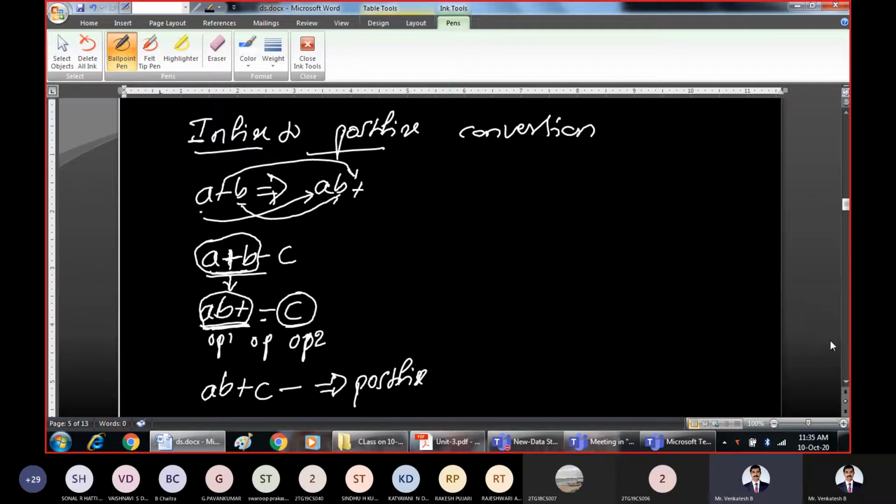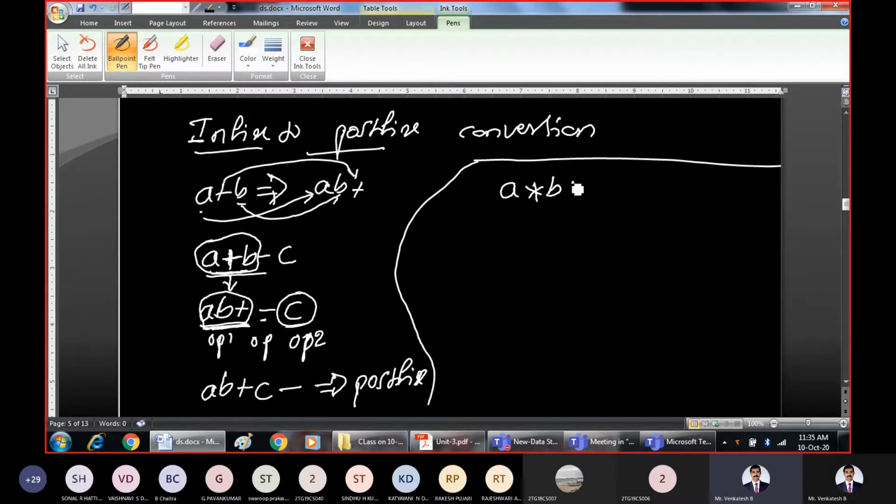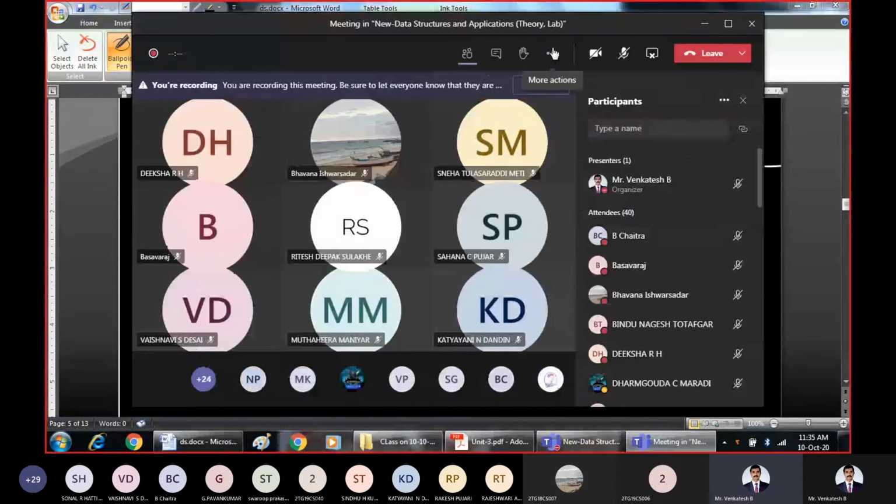Right? So I'll take one more example of conversion from infix to postfix. A star B plus C is one infix expression.